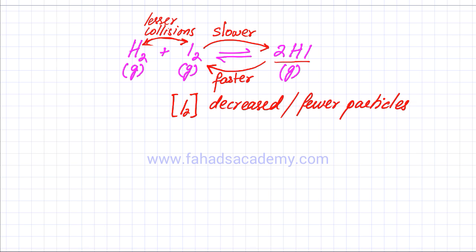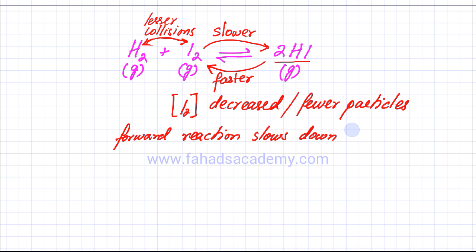So if we decrease the concentration of I2, we can say that the forward reaction slows down, or vice versa, the backward reaction speeds up.